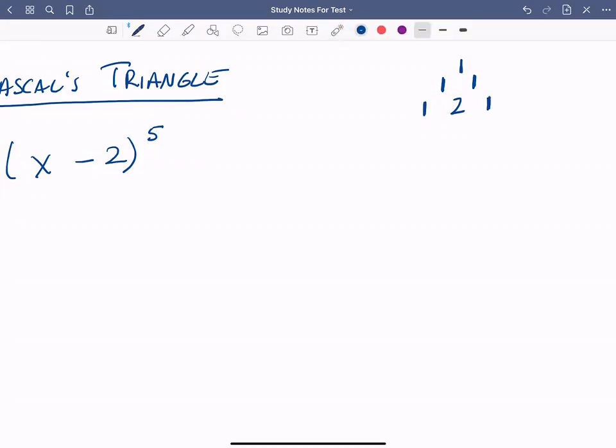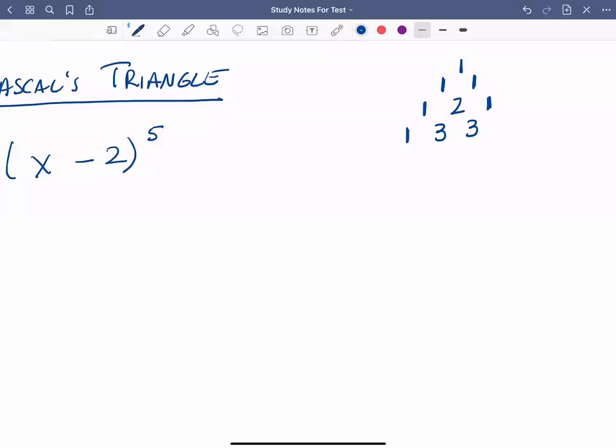And then next I end with a 1. Start with a 1. 1 plus 2 is 3. So we're going to write a 3 right there. And notice how it's in the gap there. Same thing here. 2 plus 1 is 3. So we have another 3 there.